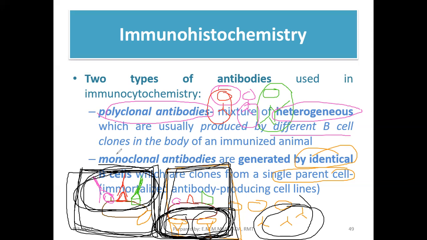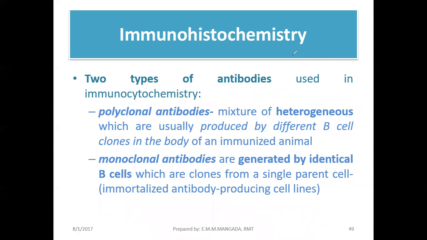Ibig sabihin, guys, the use of your polyclonal antibodies will make the test more sensitive, and for your monoclonal, it's less sensitive. Okay? Ulitin ko. When you're using your polyclonal antibodies, since iba-ibang antibody yan, guys, ibig sabihin iba-ibang epitopes pwede silang mag-bind doon sa ating antigen, then that will make the test more sensitive.